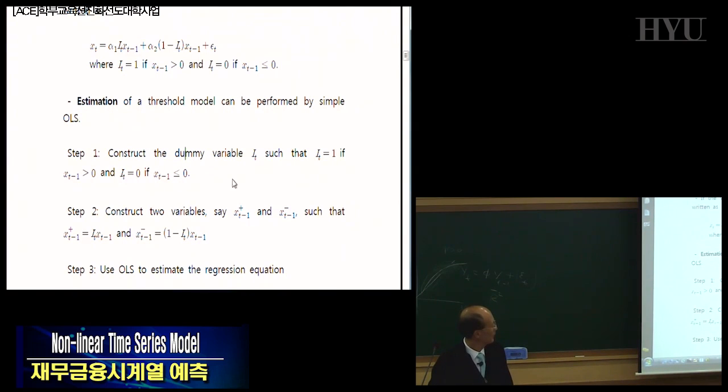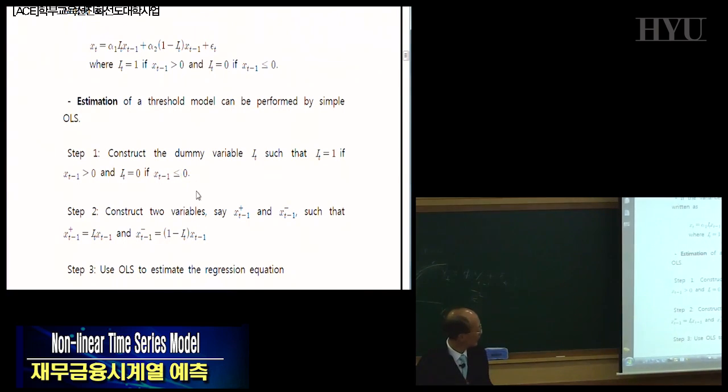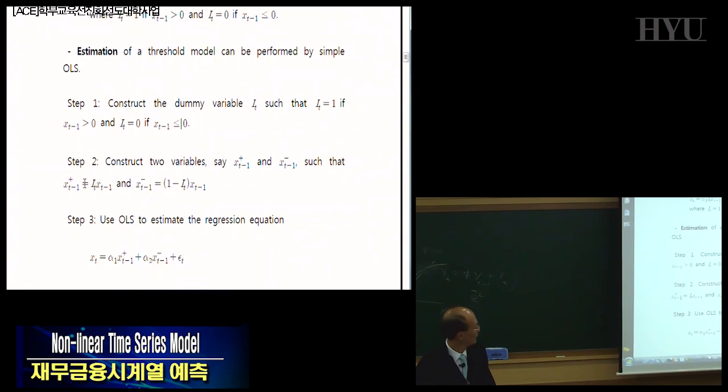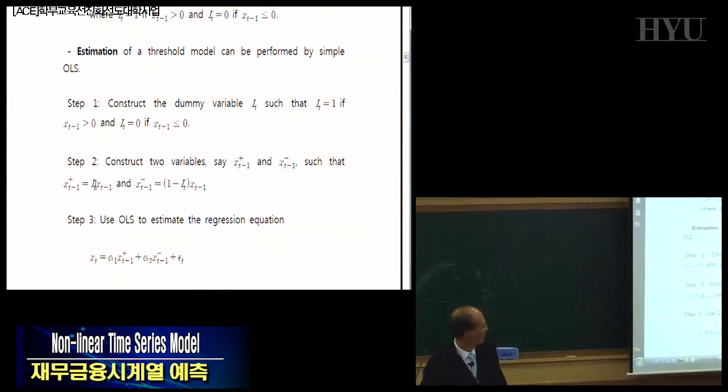First, introduce a dummy variable I such that it takes value 1 if it is positive, otherwise 0. Create it from t equals 1 through capital T. Then we introduce x_{t-1}^+ and x_{t-1}^- variables, defined in this way. If the indicator is 1, then it has a value, otherwise no value.